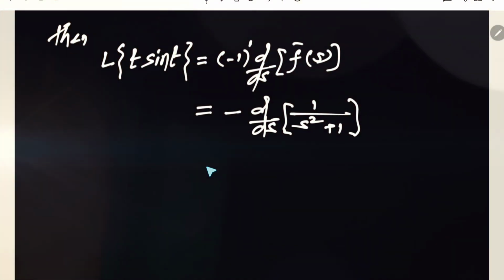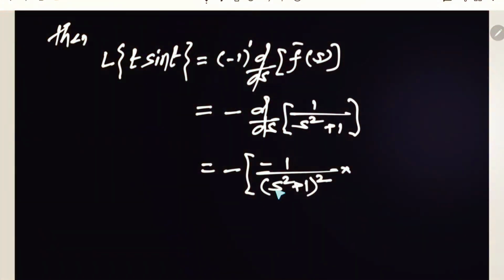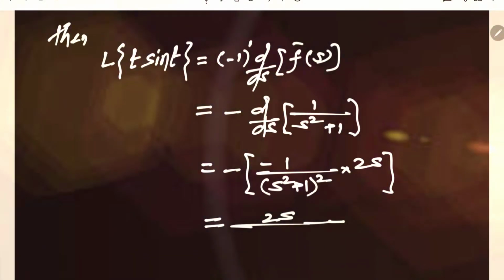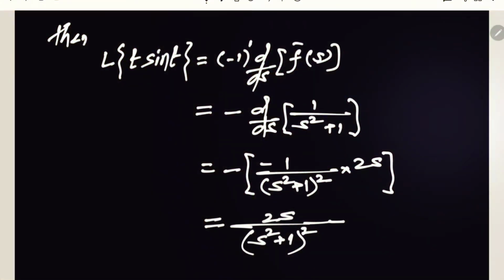Derivative of 1 by x is minus 1 by x square. As per that, it is minus 1 upon (s square plus 1) bracket square. Chain rule, derivative of s square is 2s. Minus minus becomes plus. Therefore, it is 2s divided by (s square plus 1) bracket square, a new f bar of s.